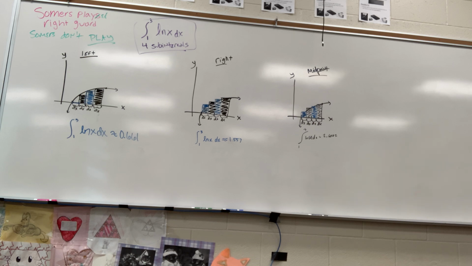That one doesn't matter. ln of 1.5 times 0.5 plus ln of 2 times 0.5 plus ln of 2.5 times 0.5. 1.007. Oh, I'm getting that now. Yeah, that's what it is.